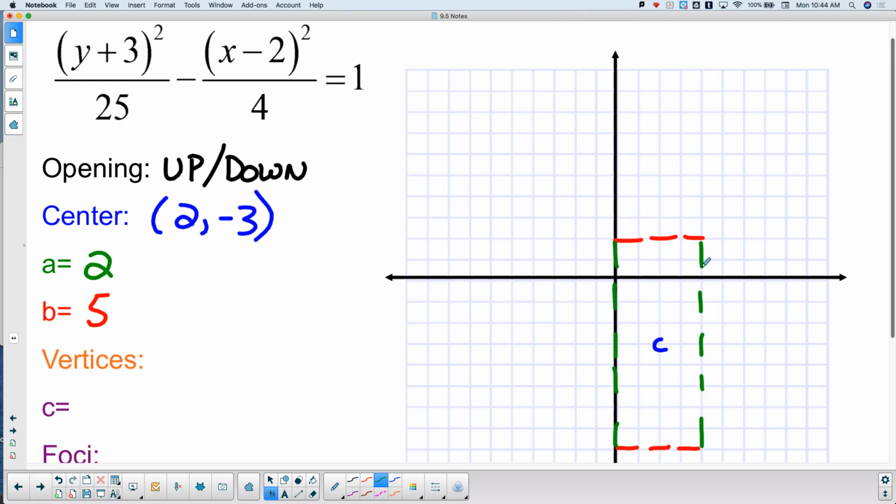Top and bottom. Yep, the midpoint of the top and the bottom because it opens up and down. So that's going to be straight up from the center and straight down from the center. Antonio, could you give me the coordinates of those two orange points? (2, 2). Negative 8? (2, -8). Yep.